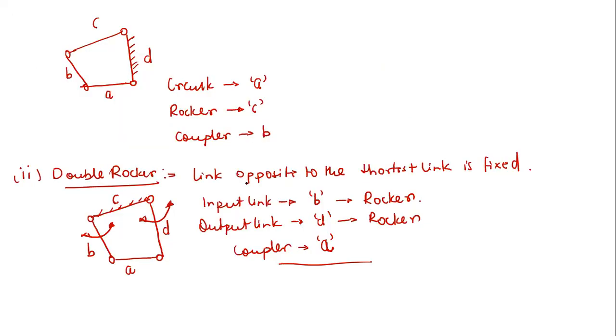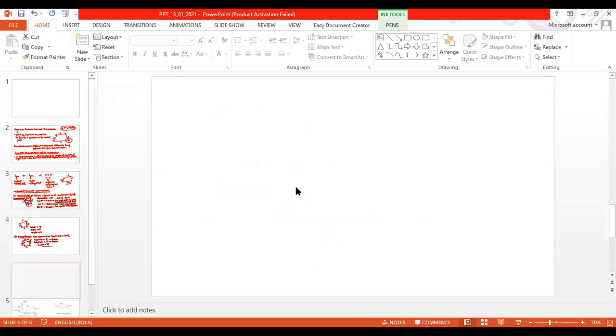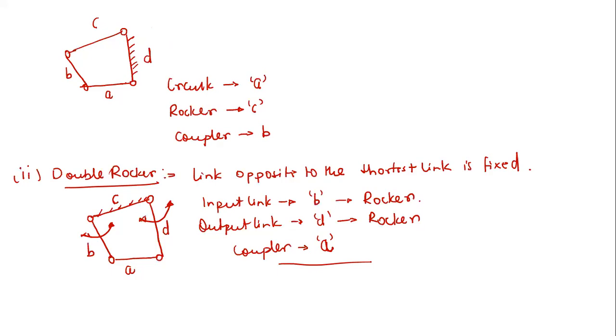So third inversion will be double crank, right? So now just tell me which link will be fixed in this case.